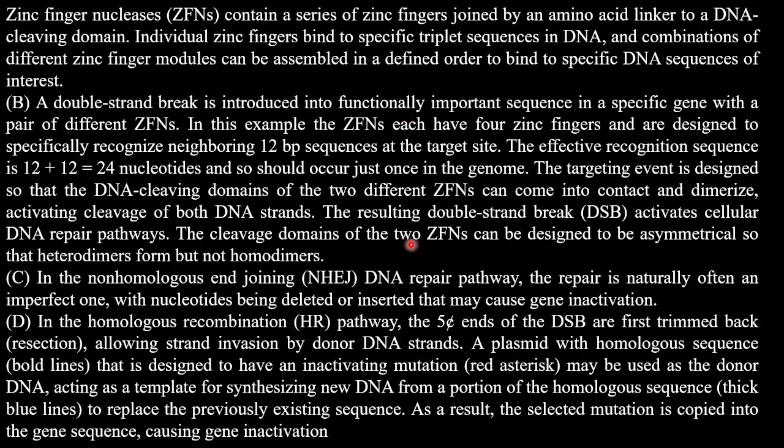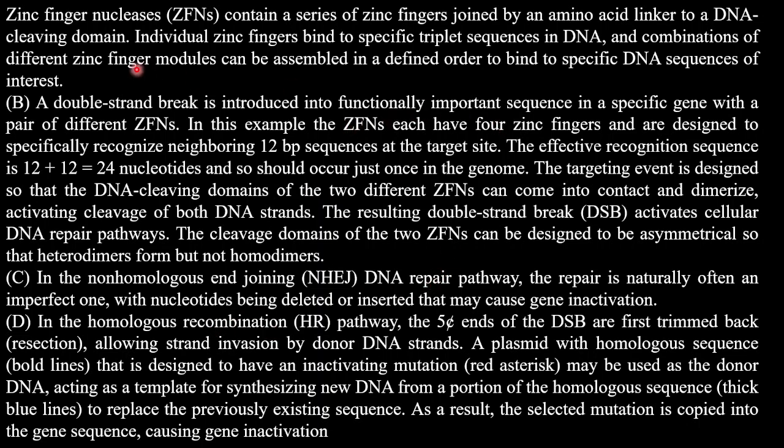The important thing is that the cleavage domains of the two ZFN can be designed to be asymmetrical, so the heterodimers form and not the homodimers. So only the heterodimers will form, then only the cleavage is going to happen. You have to design these cleavage domains like that so they are not joining with each other.